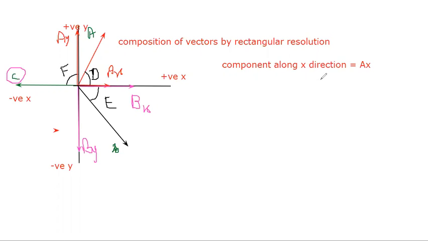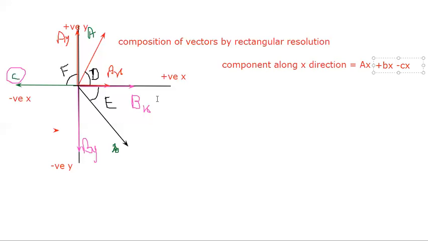So the components along the x direction are Ax plus Bx, and C is in the negative x direction, so it will be minus Cx.